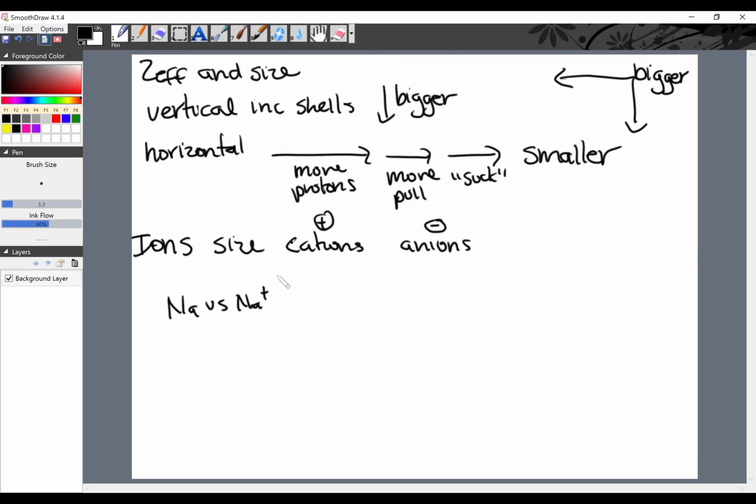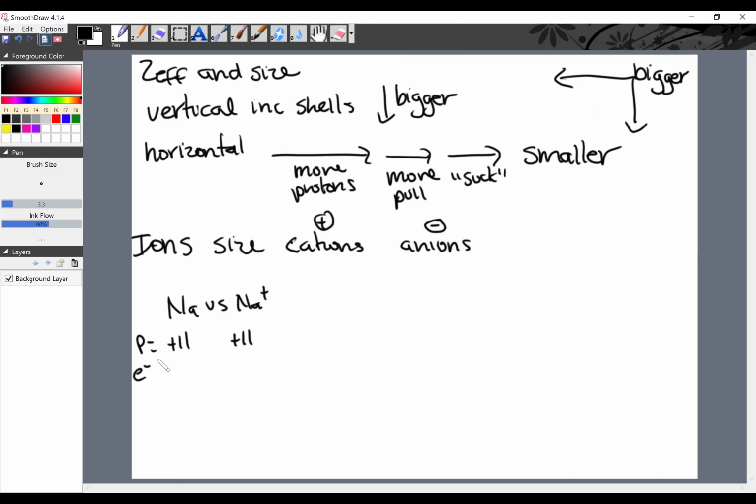All right, so for my reference sheet, I'm looking at sodium, and sodium is plus 11. So it has 11 protons in its nucleus. Well, guess what? So does sodium ion. So let's look at electrons.